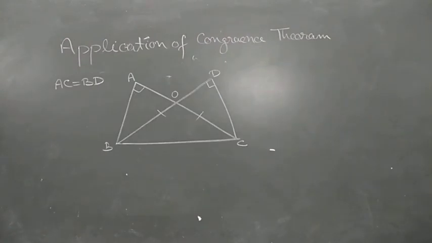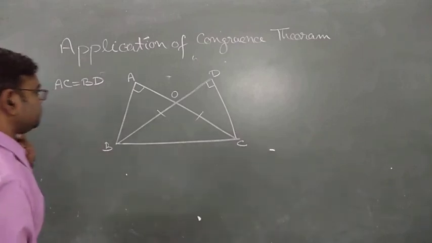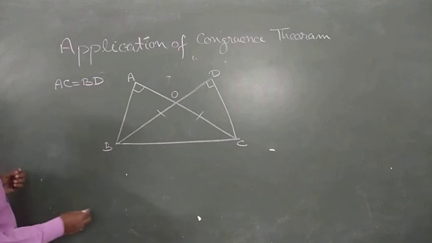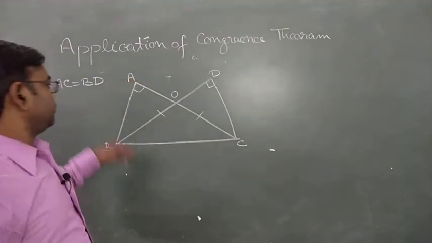Now look at this figure. In this case, it says that angle A and angle D are right angles and sides AC and BD are equal. The question says to prove that the triangles are congruent. A very simple question. I'm not going to write anything because it is only a simple congruency proof.